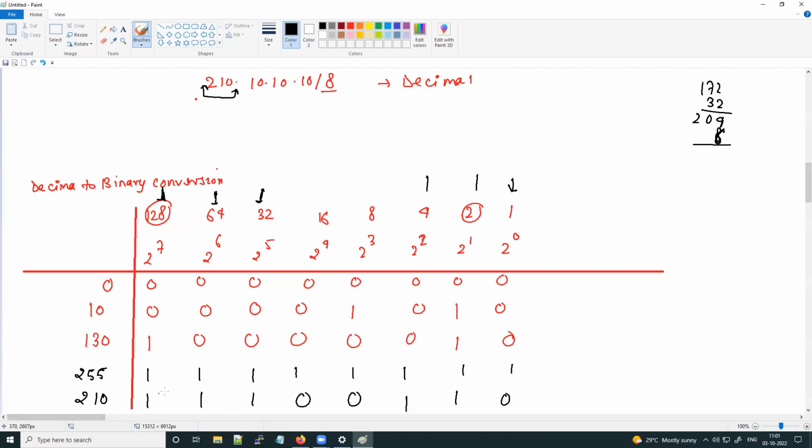And in the same way, if you want to write 10, then these 2 bits will be 1, and the rest of the bits will become 0. In the same way, these 2 bits will be 1 and the rest 0, and these 2 bits will be 1 and the rest 0. So the IP address which we are seeing here is the decimal notation, and this is the binary notation for the IP address.